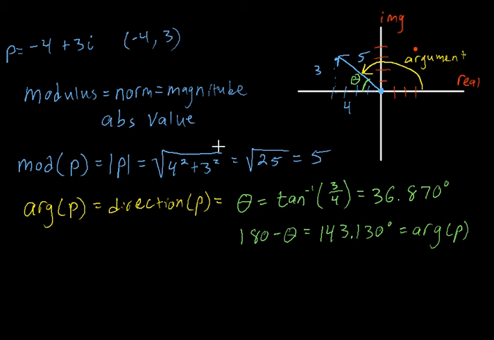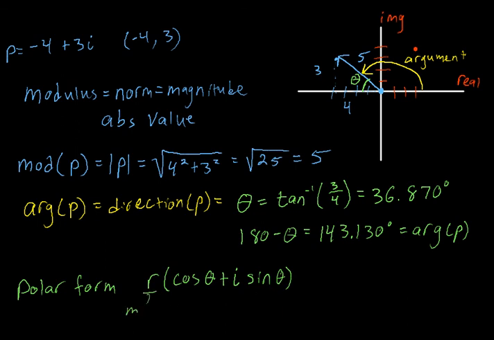So in this case, we could also define this complex number, instead of putting it in rectangular form, we could put it in polar form. So your polar form of a vector is r cosine of theta plus i sine of theta, where r is your magnitude and theta is your direction or argument.